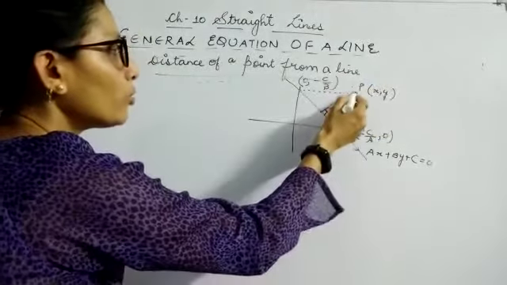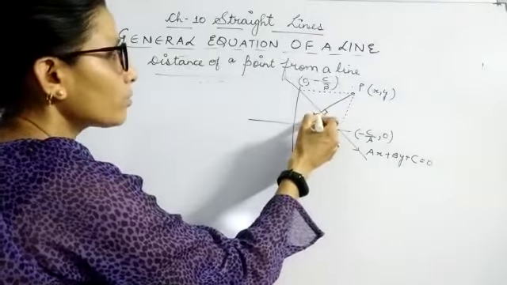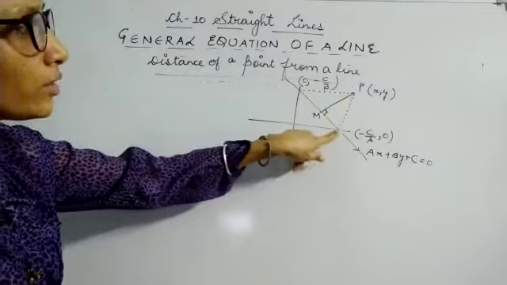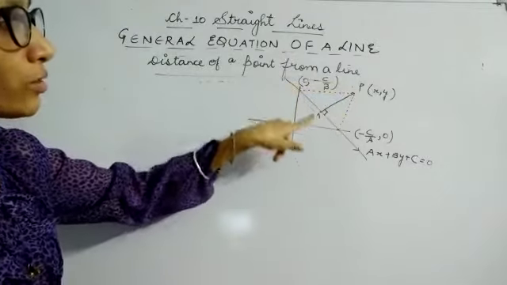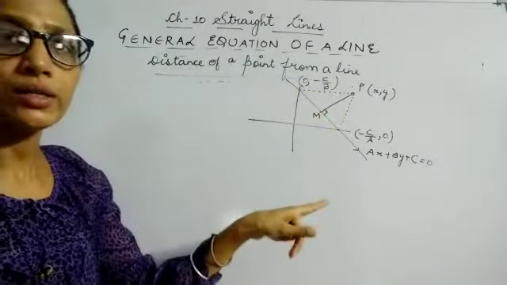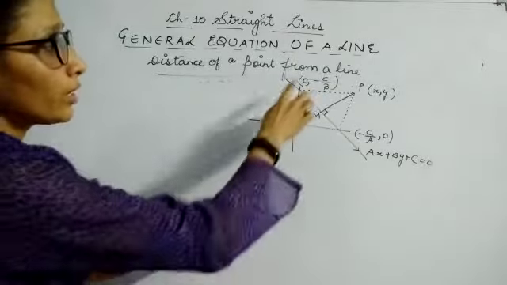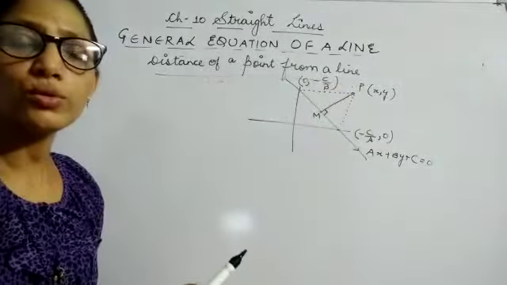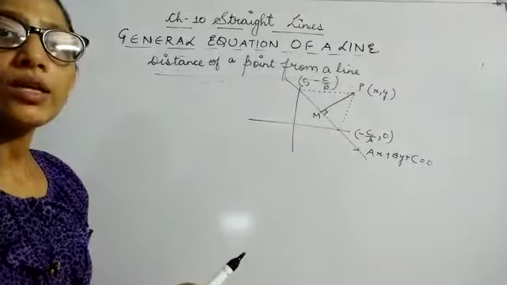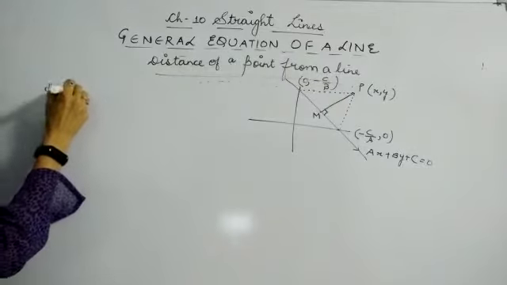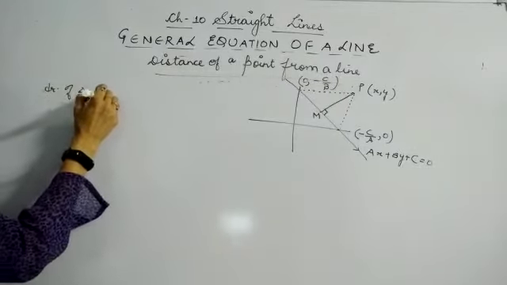Now I want to find this distance. Let this foot of the perpendicular be M, so I want to find PM. Here you know the 3 vertices of a triangle, so from your class 10th concept, if 3 vertices are given you can find the area of the triangle.